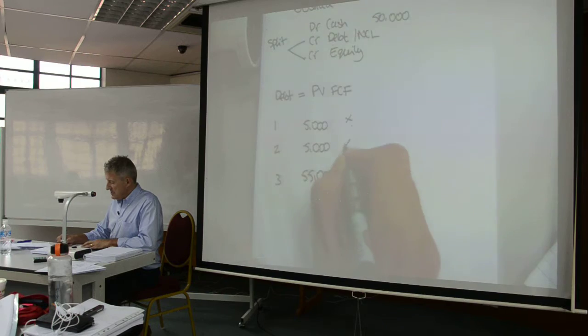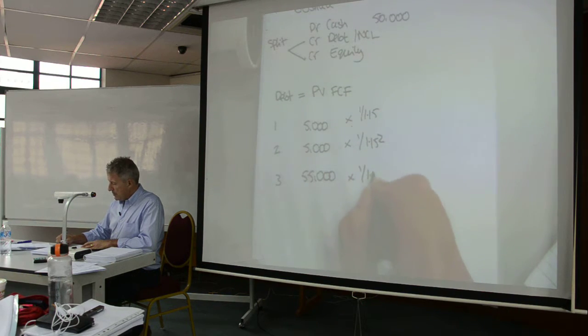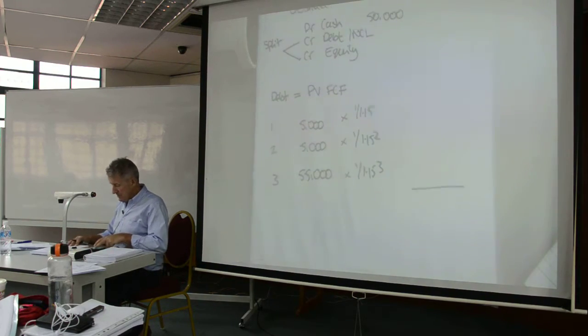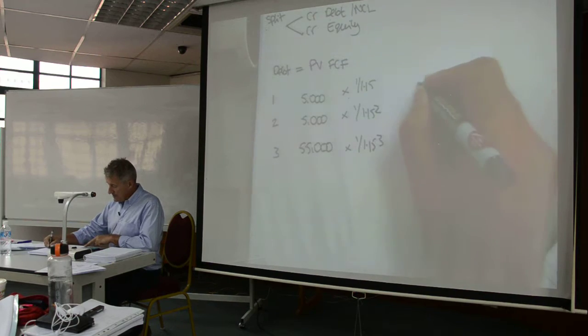This would then be discounted at the effective rate of 1.15, at 1.15 squared, at 1.15 cubed. And this would then give you the present value of your future cash flow. So your 5,000 divided by 1.15 is giving me something like 4,348.